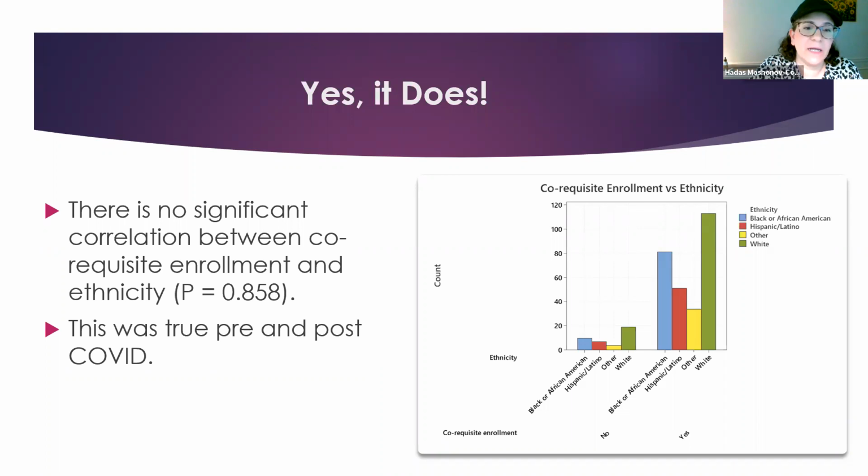You can see that there is a much smaller population of those in our institution that are not taking the Corequisite as opposed to those that are taking it. But there was actually no correlation between the enrollment and ethnicity, as you can see.